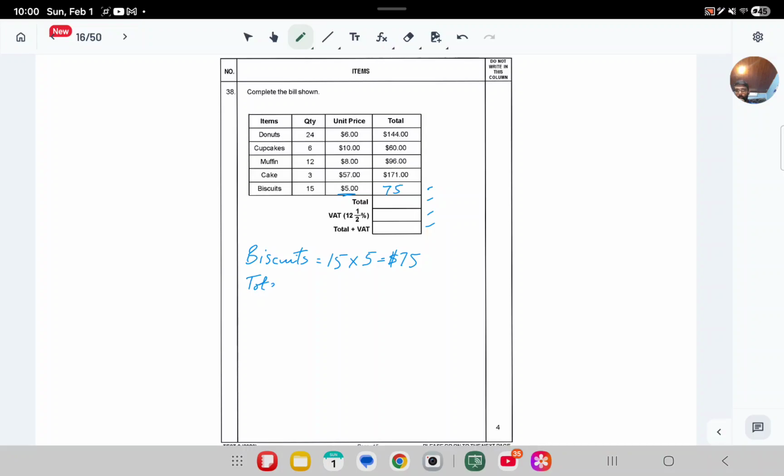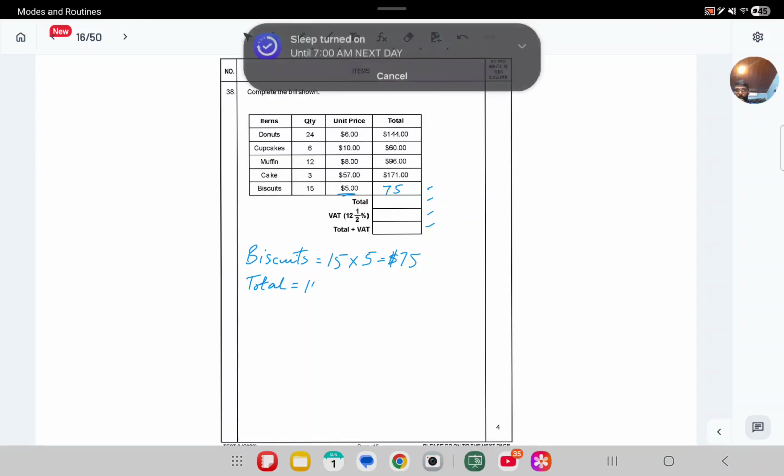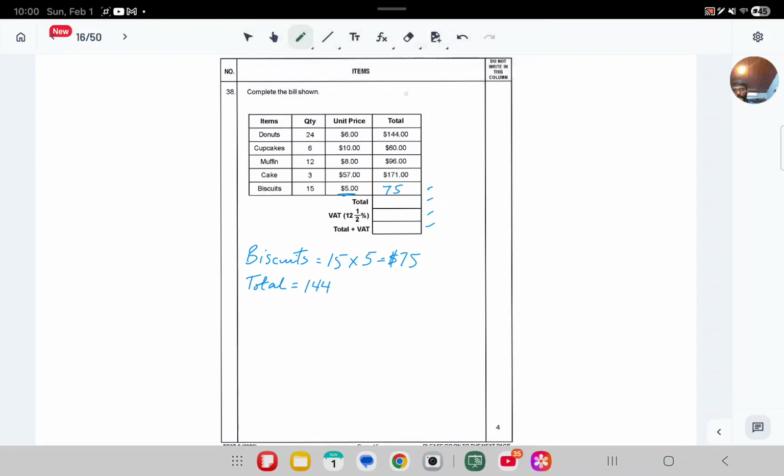So the total would be 144 add 60 add 96 add 171, and plus the 75. Almost forgot that. Alright, the 75 that we just solved for, that will give us a total of 546. So we know our total is $546.